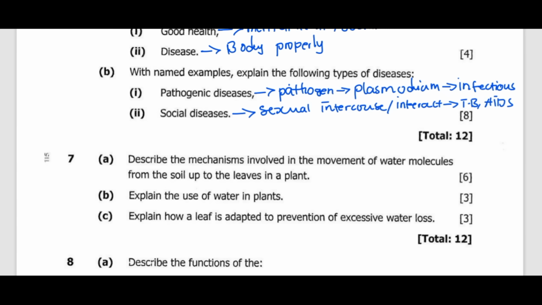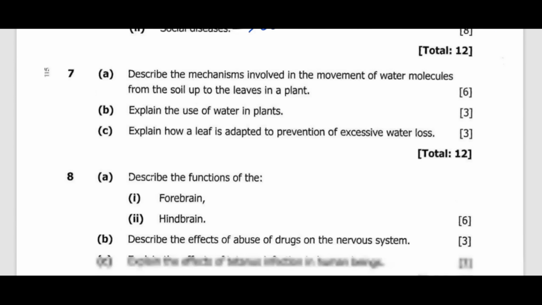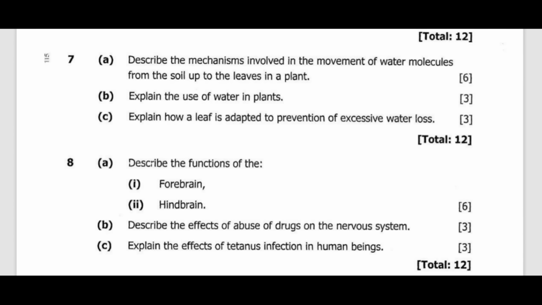Now let's look at question 7. Let's say we want to choose question 7. So question 7a: describe the mechanism involved in the movement of water molecules from the soil up to the leaves in a plant.